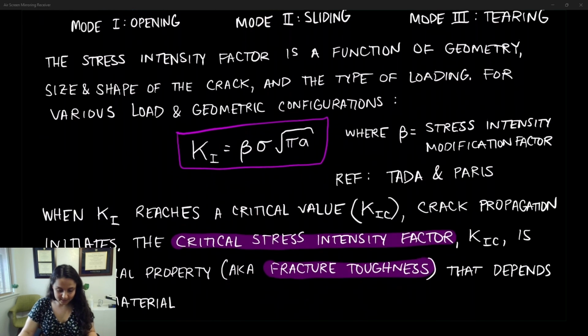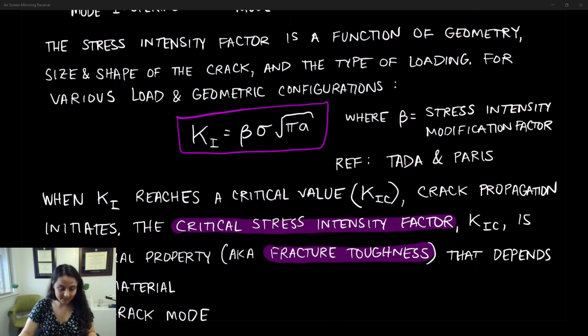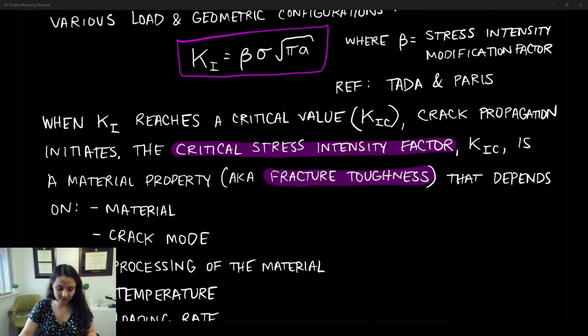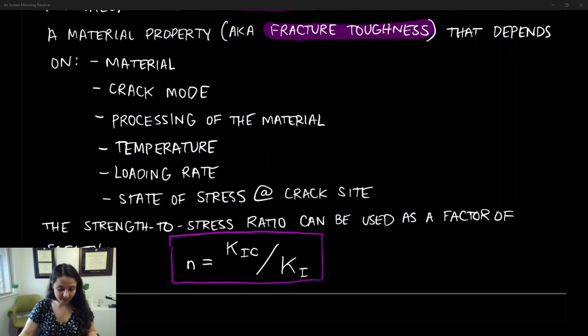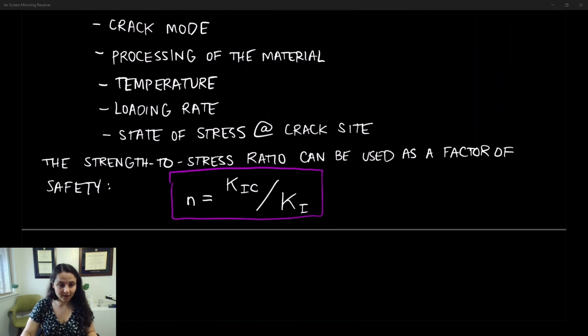All right, and so once we are able to calculate a stress intensity factor and we're able to measure or are given a fracture toughness, then we can calculate a factor of safety to understand how damage tolerant our design is.